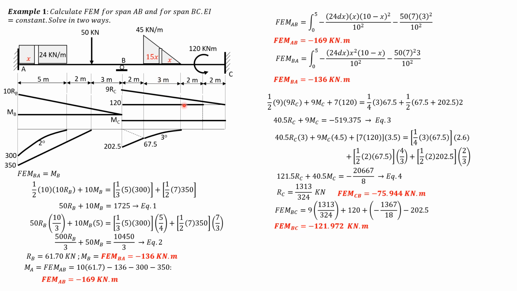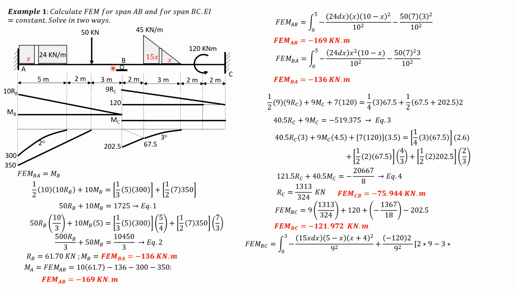Then the distance of the differential concentrated load from B is, because this is 5, 5 minus x, while its distance from the right is x plus 4.